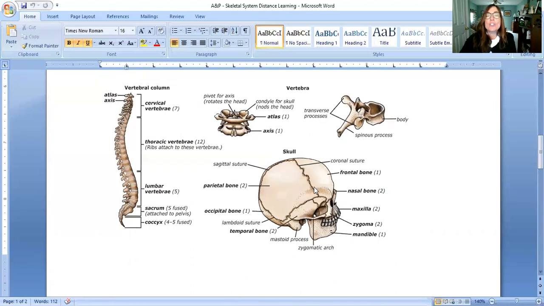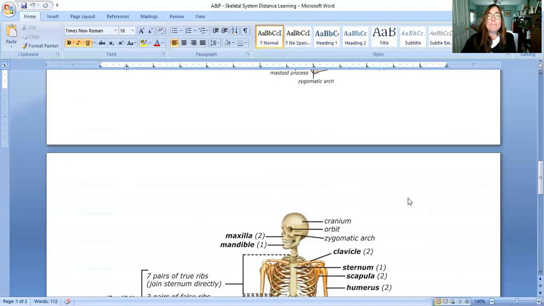And then your skull is also made up of a number of different bones that fuse together after your birth. So for a real anatomy class, if we were teaching it the traditional way, you would memorize a number of different bones in your skull.